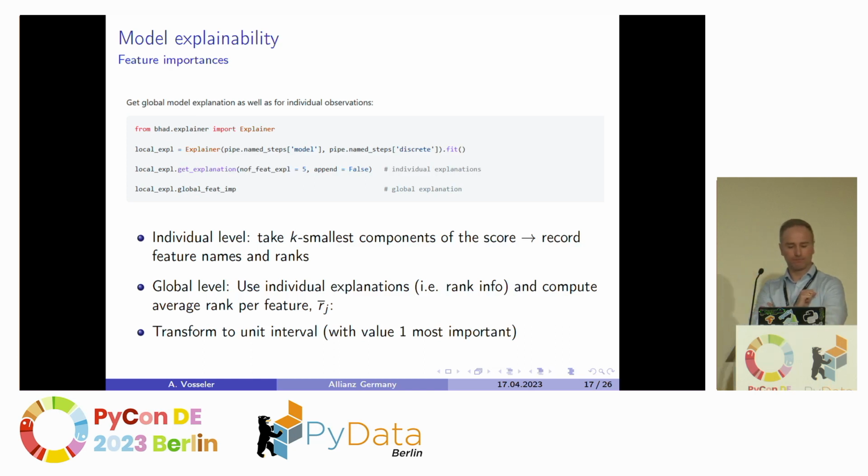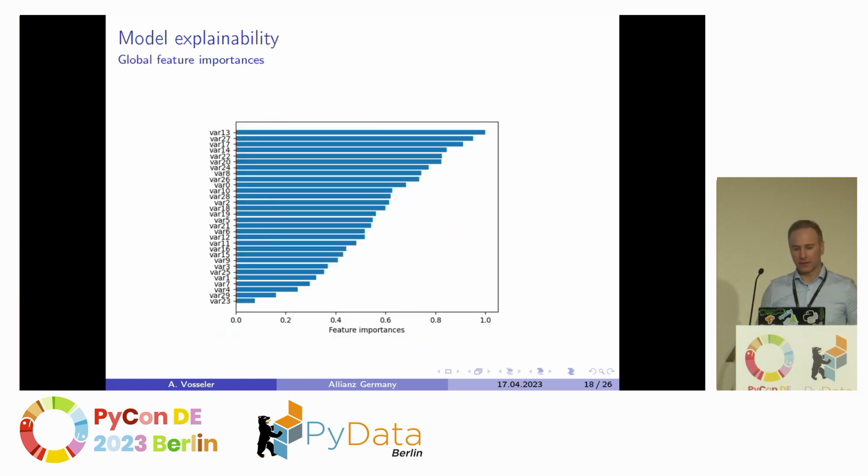And on a global level, you can very simply average that. So you take the average rank and then transform this to a unit interval. And you can visualize that in the usual form that everyone knows from global feature importances. So on the very top, you have the most important feature, and at the bottom, the least important one.